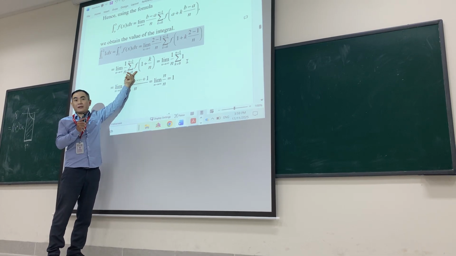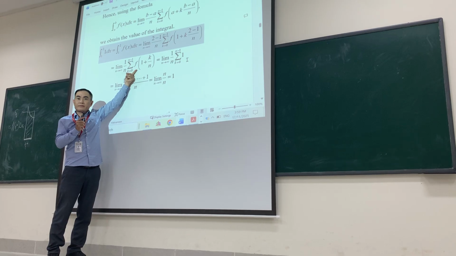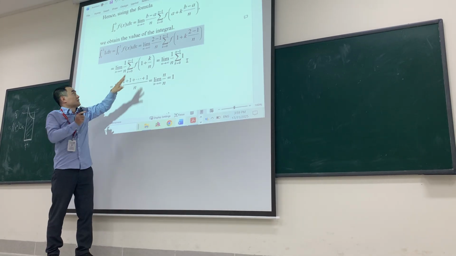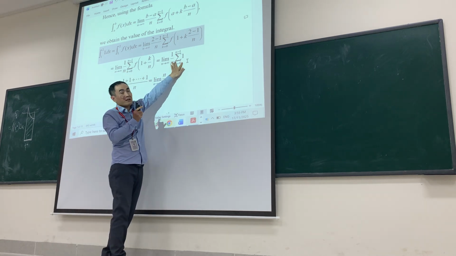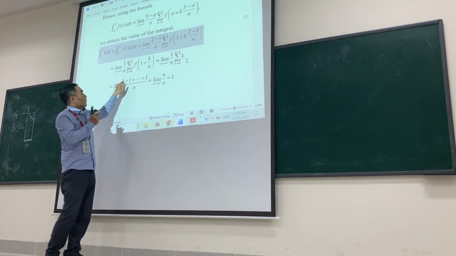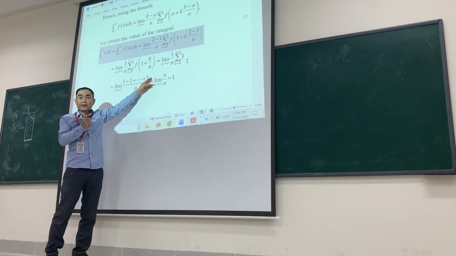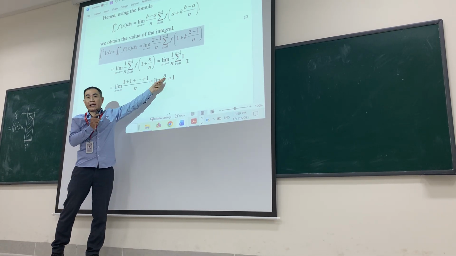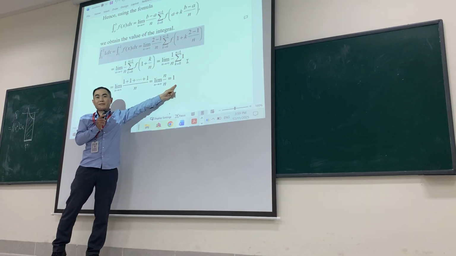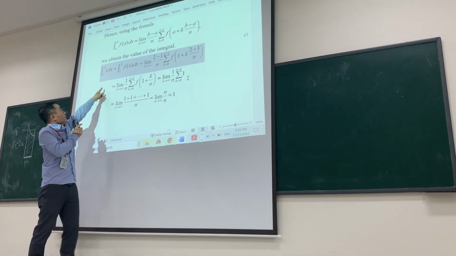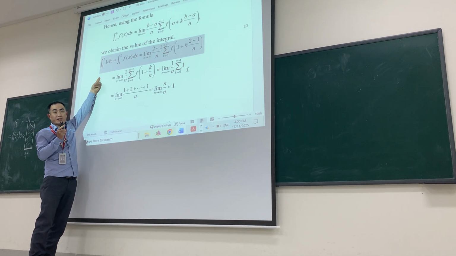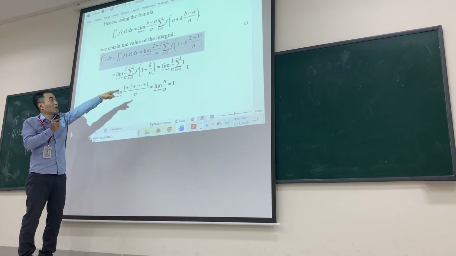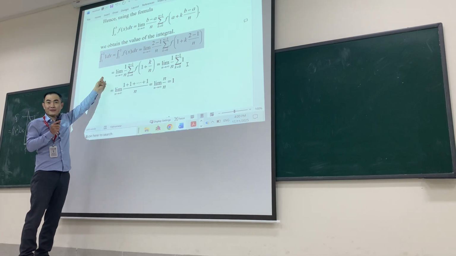How many elements belong to the sum? n elements, all equal to 1. So the sum is 1 plus 1 plus 1, n elements, which gives n over n equal 1. That means the definite integral of 1 dx from 1 to 2 is equal to 1.